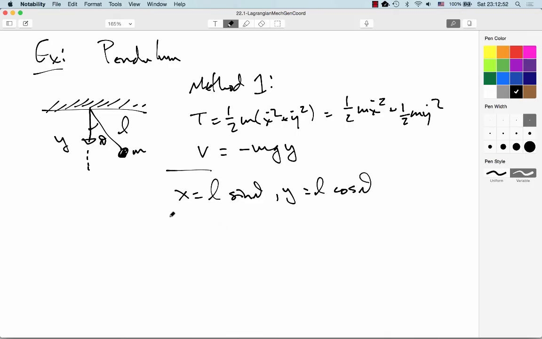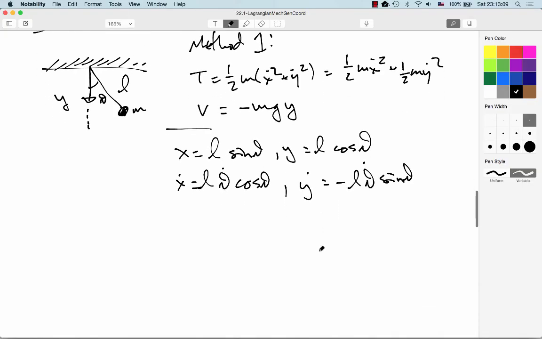That gives us that x dot is L theta dot cosine theta, and y dot is minus L theta dot sine theta.